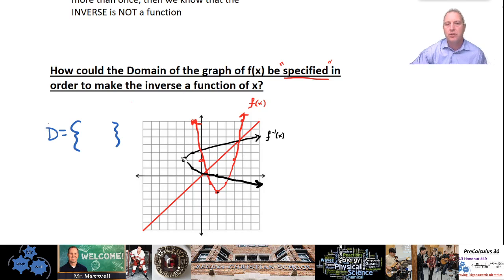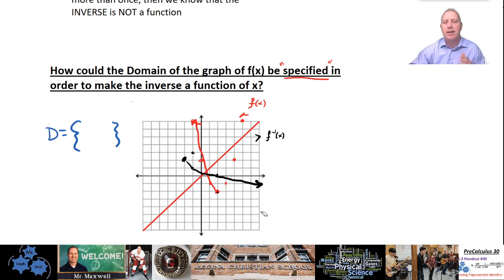So right now the inverse is not a function, right? Well, watch this. If I restrict the domain to everything less than or equal to +2 for the original f of x, that means that its inverse will be this. And the inverse will be a function.